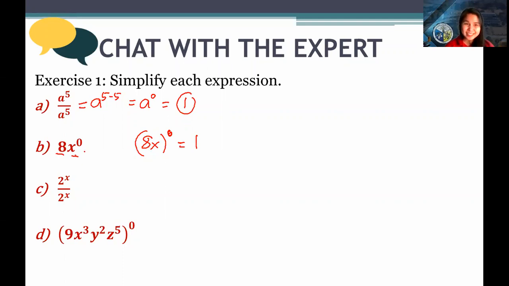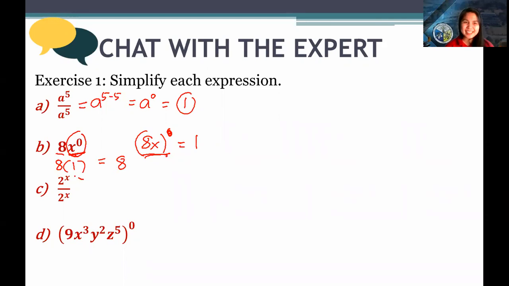It's only this one. Very good, Ali. The answer is 8. Here, 8. This one is equivalent to 1, right? So 8 times 1. The answer is 8. But if I write it this way, all to the power of 0, the answer is 1.